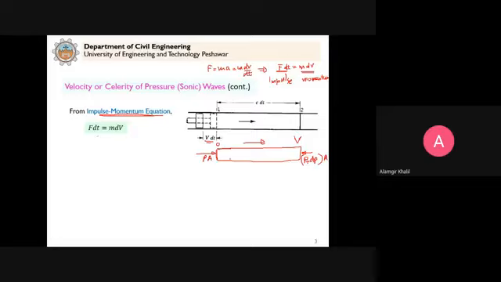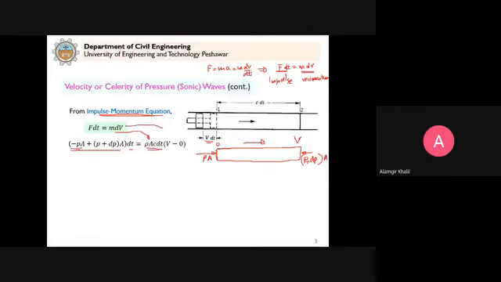So now we can consider this here. Since the forces are not in the same direction, we can calculate the summation of the forces into dt. Then we have the mass, which we already discussed, rho A C into dt, clear?